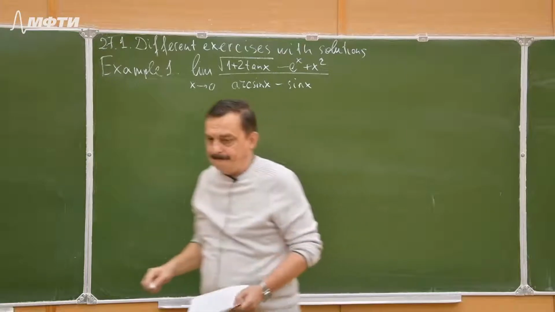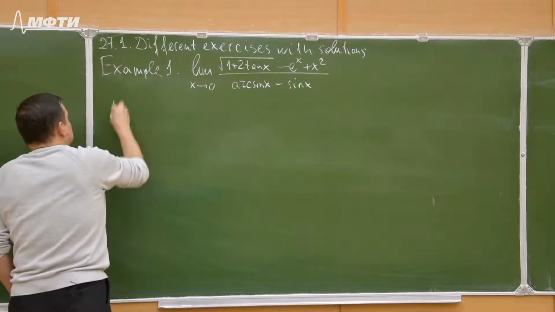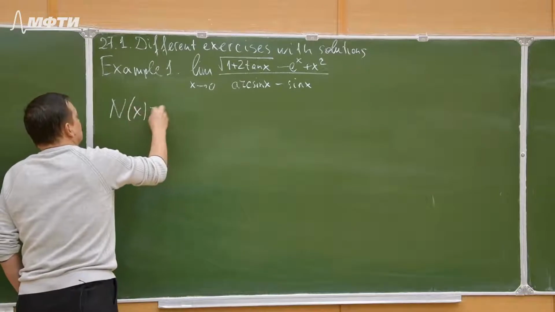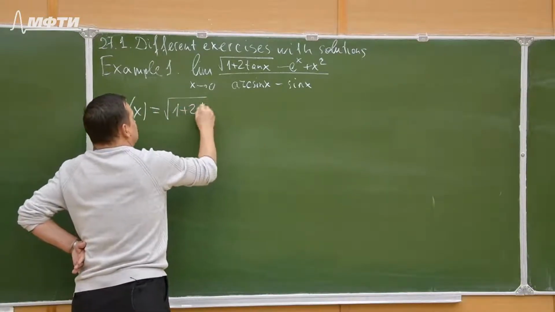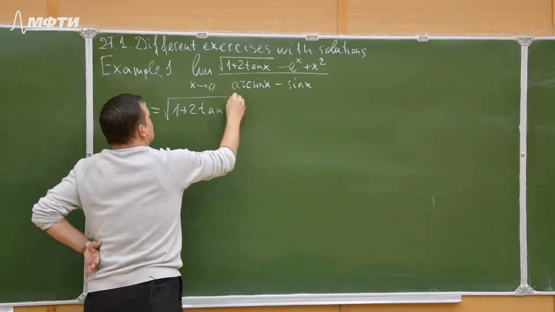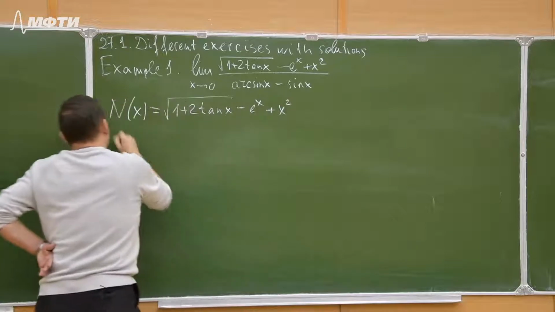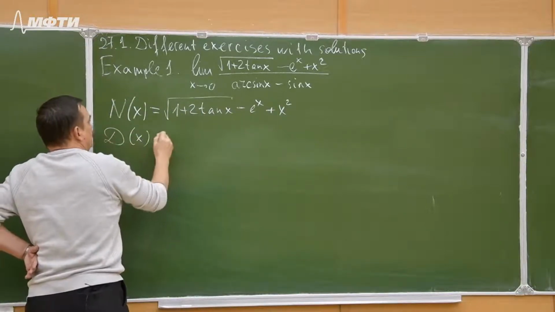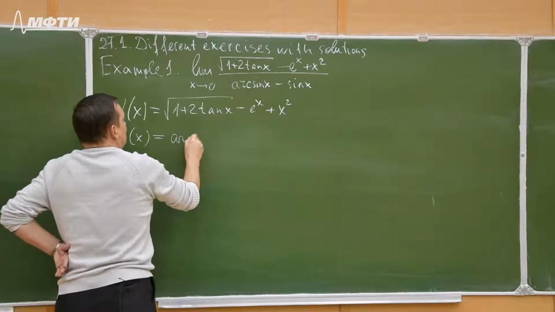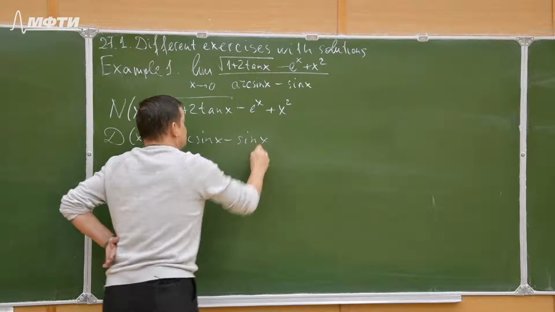Okay, so we'll denote the numerator as n of x, square root of 1 plus 2 tan x minus e to the power x plus x squared, and the denominator by d of x, that is arc sine x minus sine x.